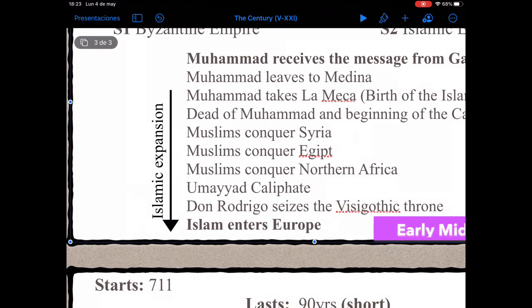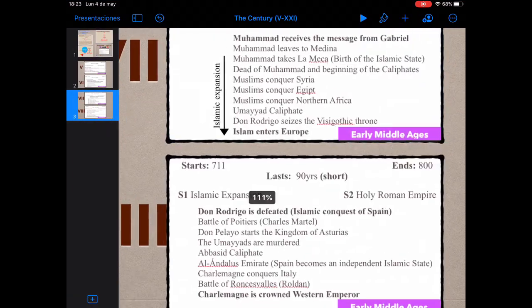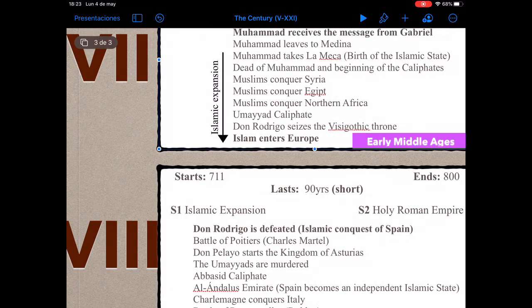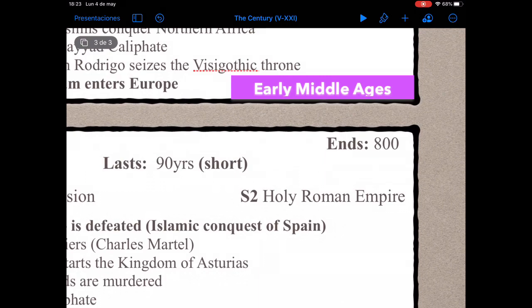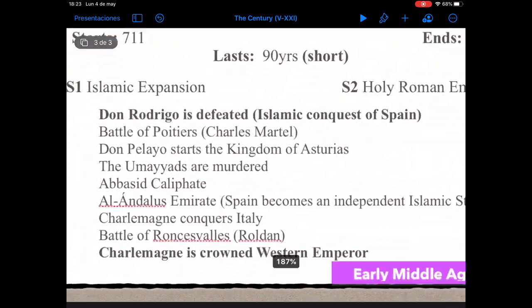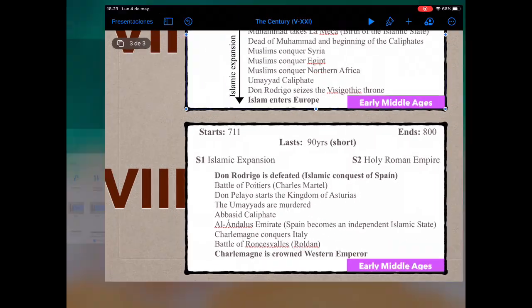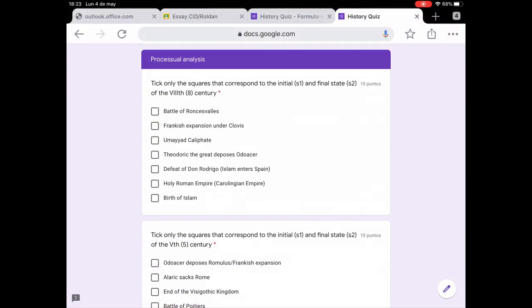So what we have to do is go to our card about the 8th century, and it says that it starts over here with the Islamic expansion or Don Rodrigo's defeat of the Visigothic kingdom, and after that, the Islamic conquest of Spain, and it ends with the Holy Roman Empire, in which Charlemagne is crowned as the Western Emperor. So, as we were saying, it starts with the defeat of Don Rodrigo when Islam enters Spain, and it ends with the Holy Roman Empire or the Carolingian Empire.